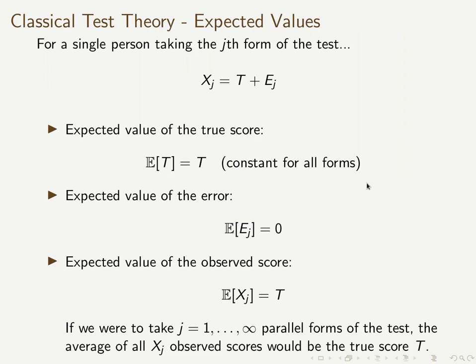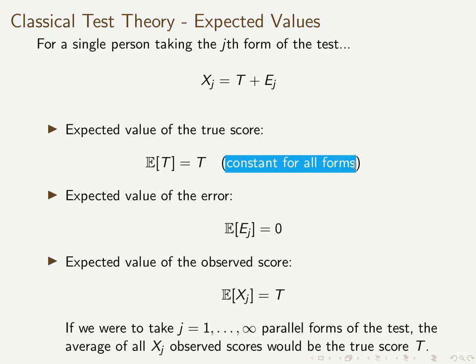Alright, so what does that mean for our classical test theory framework? So for a single person taking the J form of a test, the expected value of the true score that that person is going to have is going to be fixed. Why is that? Because again, we said the true score is constant.